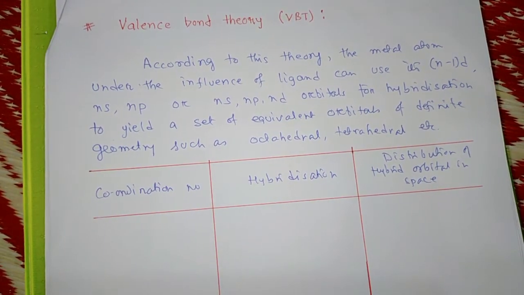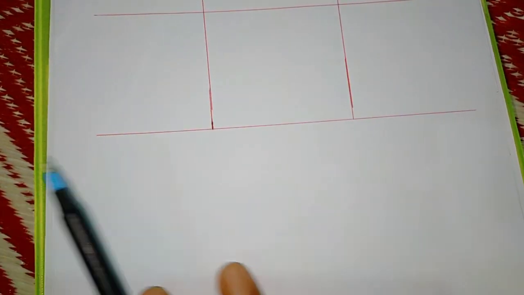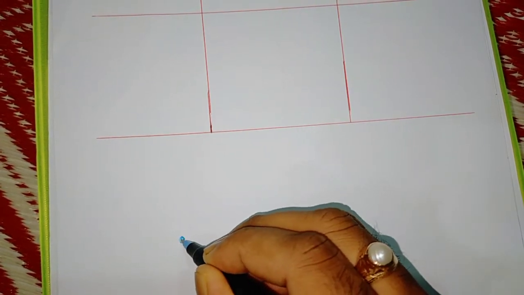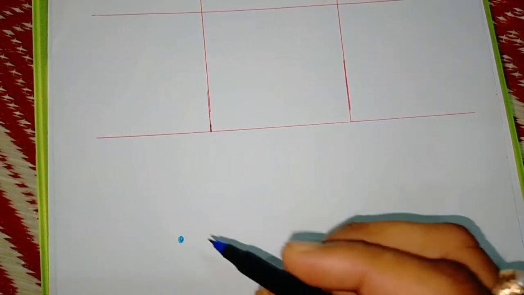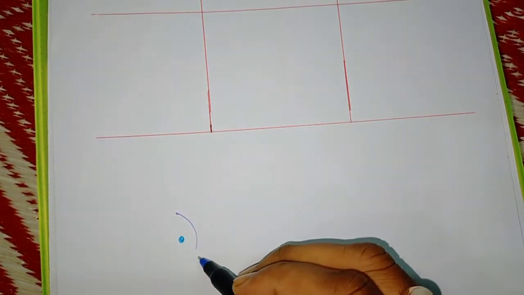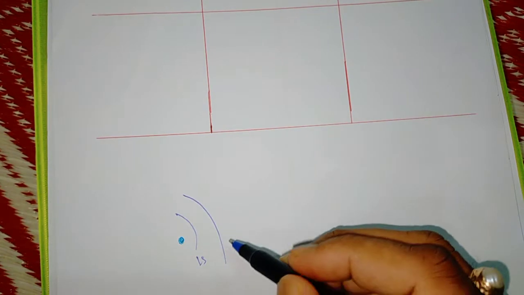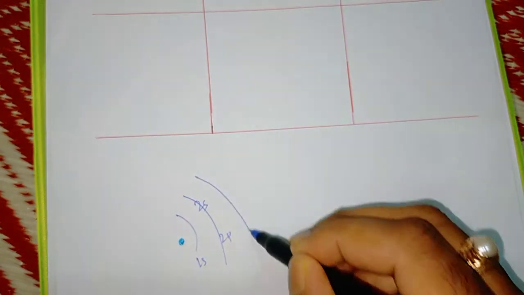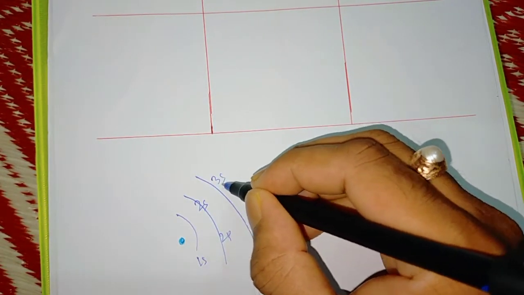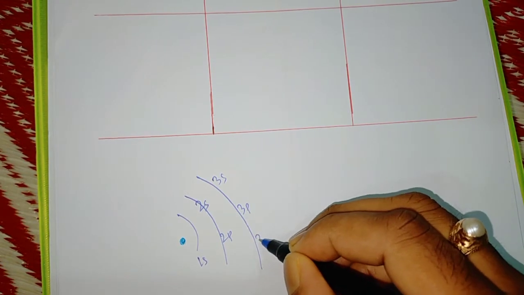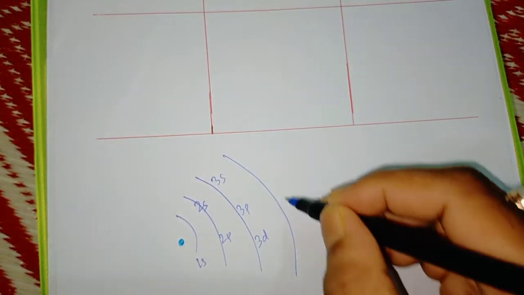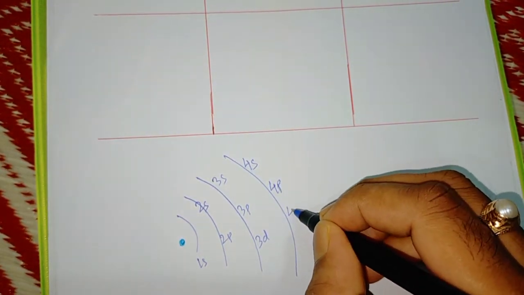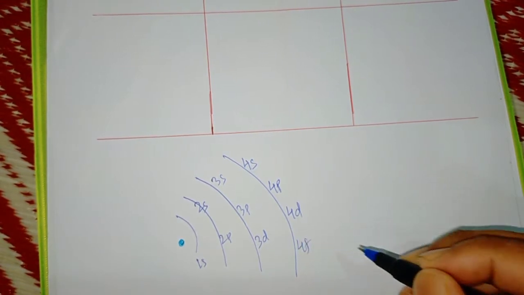Before going to the main part, let us understand the point first. This is the nucleus of the atom. This is 1s. Here we have 2s, 2p. In this one we have 3s, 3p, 3d, 4s, 4p, 4d, 4f.